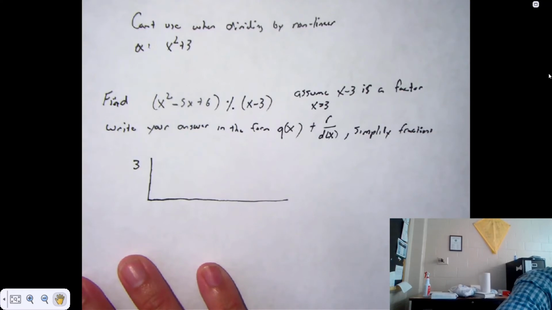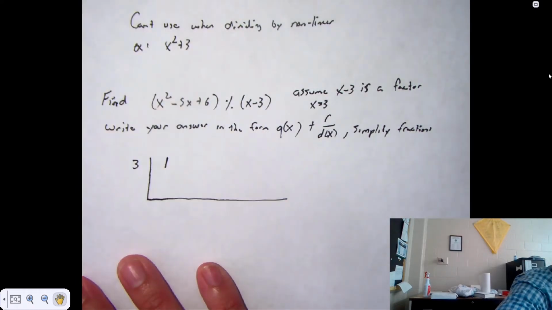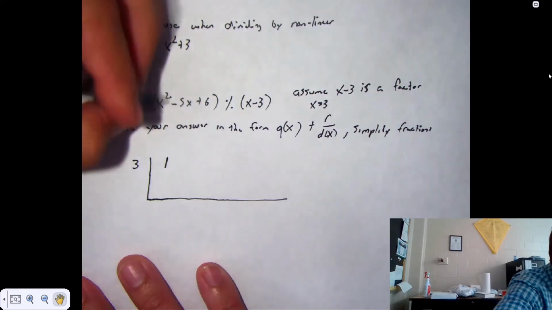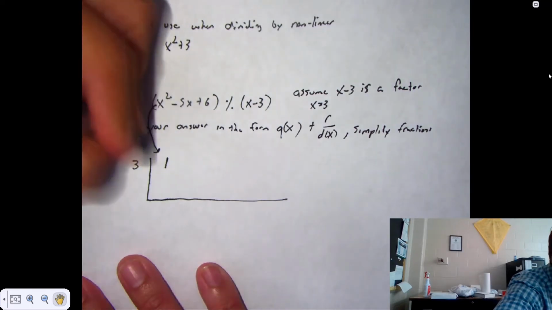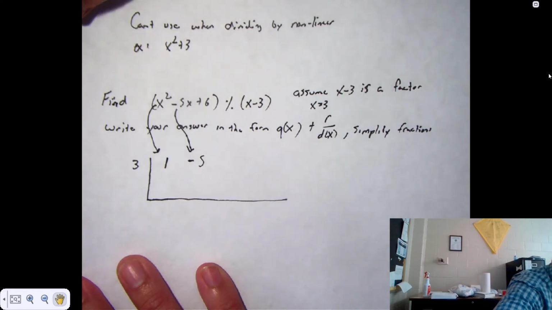And you loaded the second floor with the coefficients. What are the coefficients? 1 in front of x squared, -5, and the last one's 6.